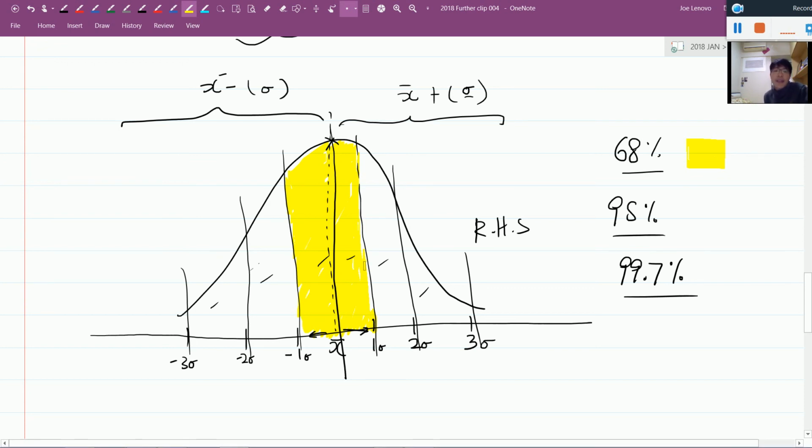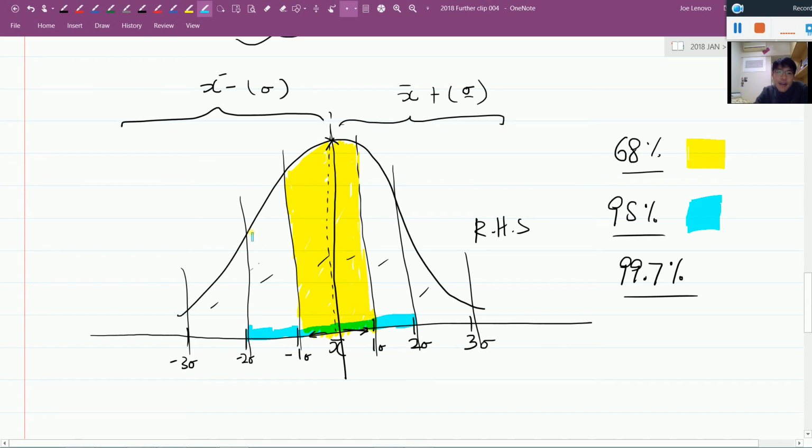Make sense? Then I'll use the green one to represent 95. Oh no, not the green, I'm colorblind. It's the blue. The blue is from this point, you take away 2 standard deviations all the way to take away 1, and keep going to 0, and then keep going to 1, and then 2.